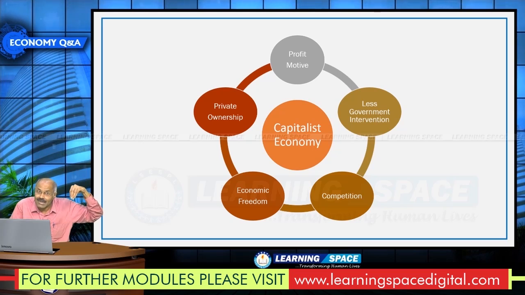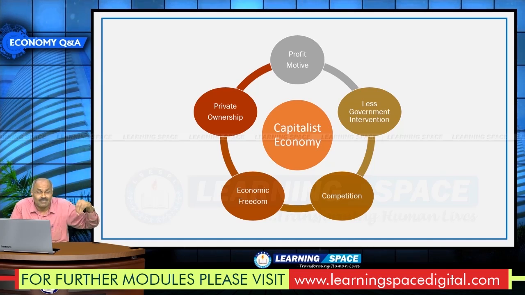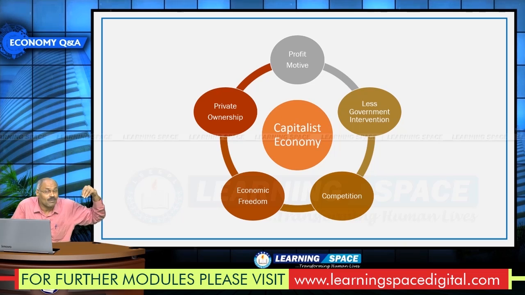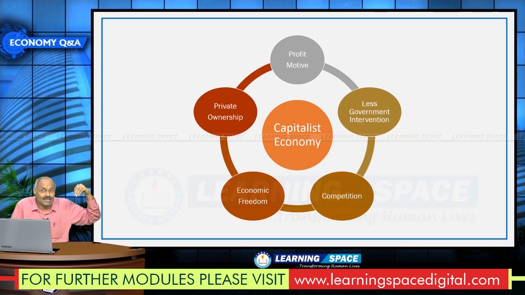So, capitalist economy's predominant features are profit motto, less government intervention, competition, economic freedom, and private ownership of means of production.